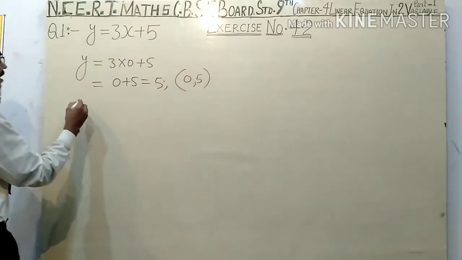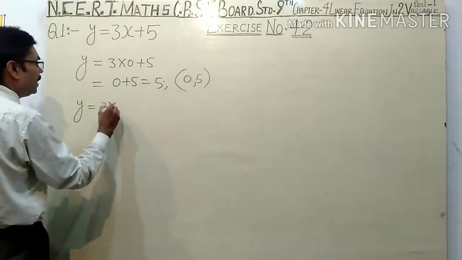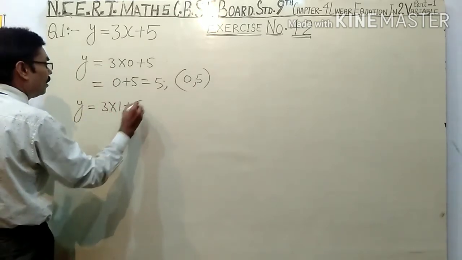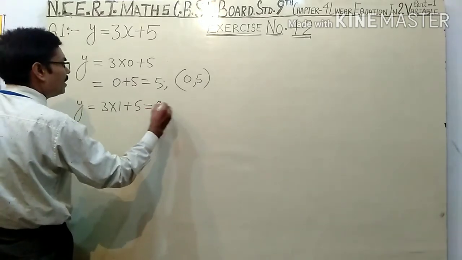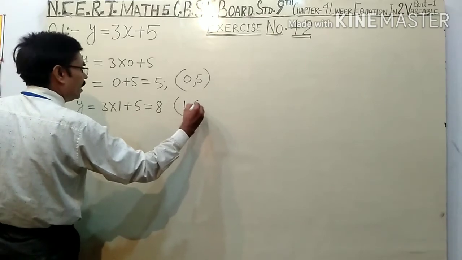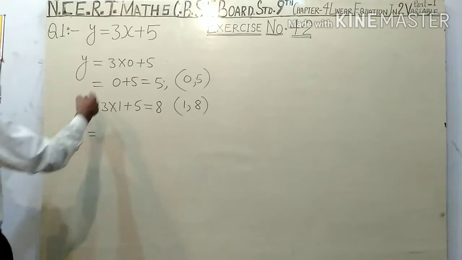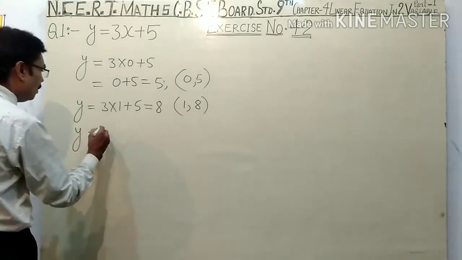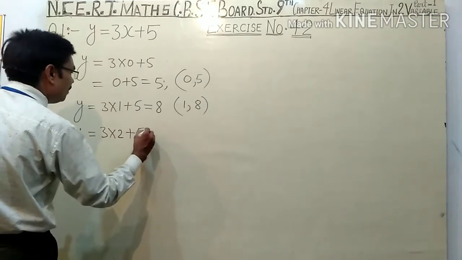Second, by putting x equal 1, we get value of y equal 3 plus 5, 8. Hence second value 1 and 8. Third value, by putting value of x 2, we get value of y 3 twos are 6 plus 5, 11.